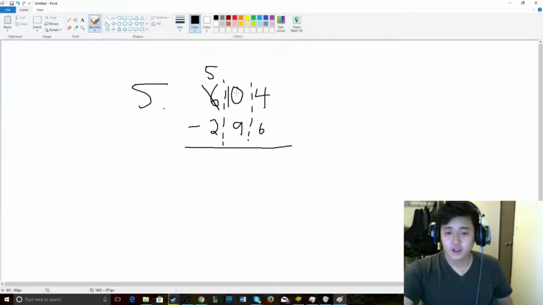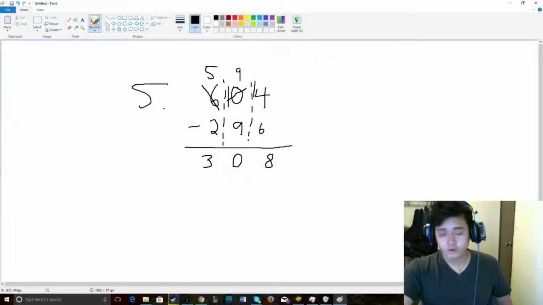So now that this is a 10, now we can take away from it and give it to the 4. So we take 1 away from this and make this a 9, and then we add the 1 to the 4, and that makes this 14 now. So now 14 minus 6 is 8. And now we do 9 minus 9, which is 0. And now I do 5 minus 2, which is 3. So hopefully 308 is what you got for that question.